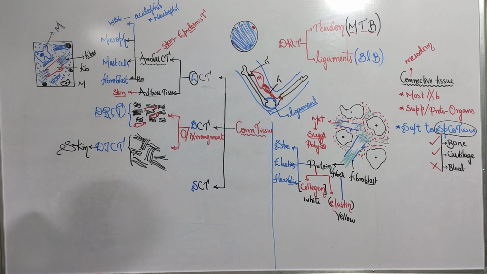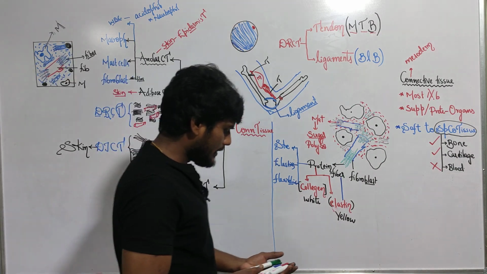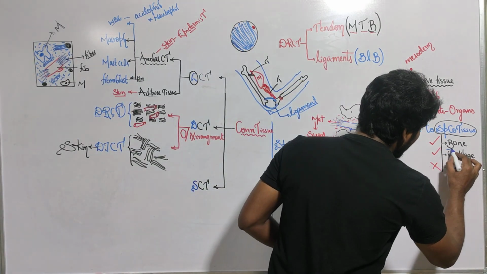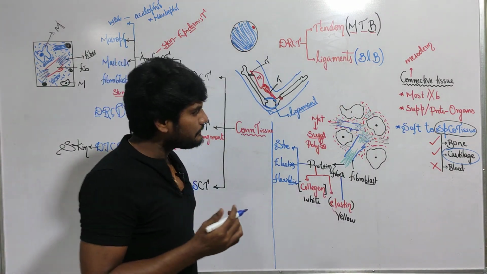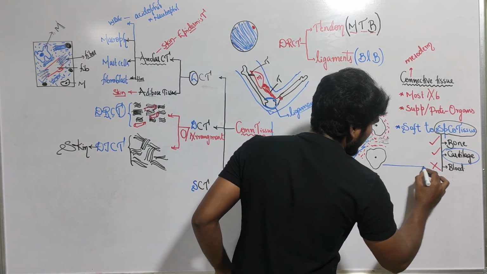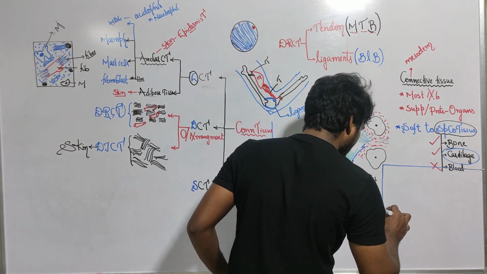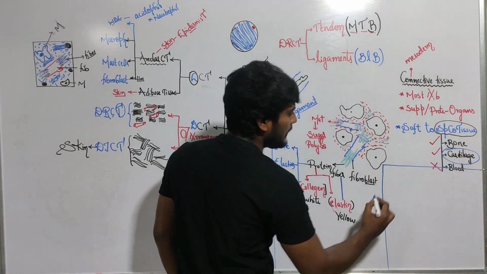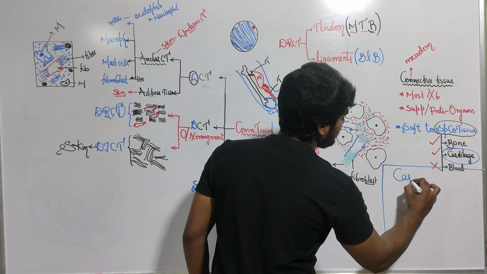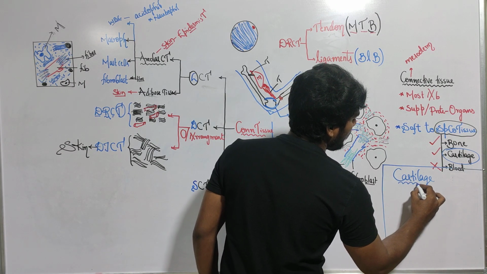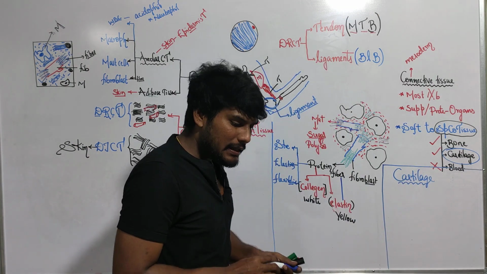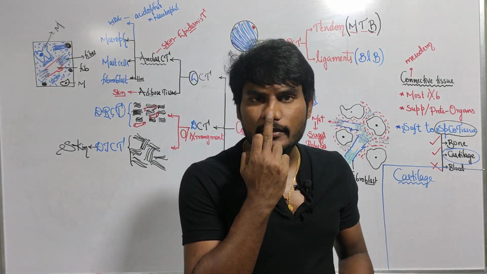Can I write here? Yeah, I can write here. Now let's discuss the cartilage first. Here I am going to write about the cartilage. First, remember, cartilage is responsible for compression.